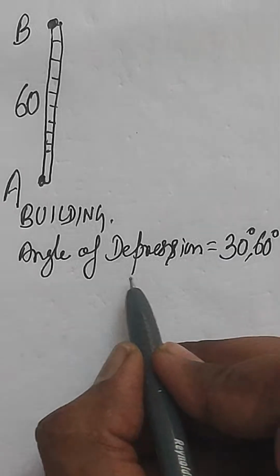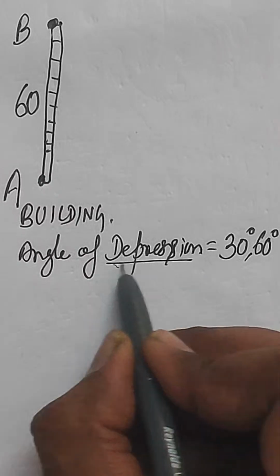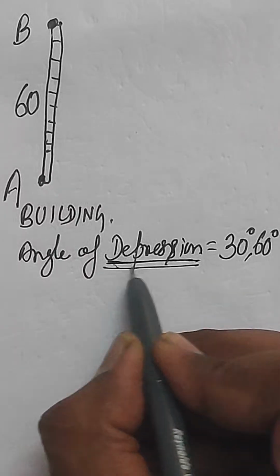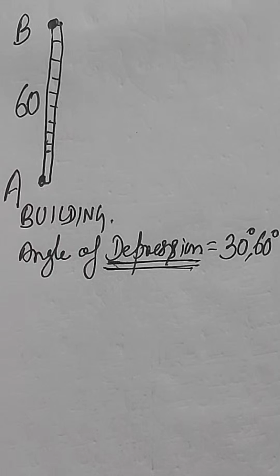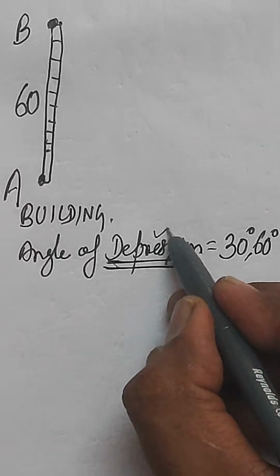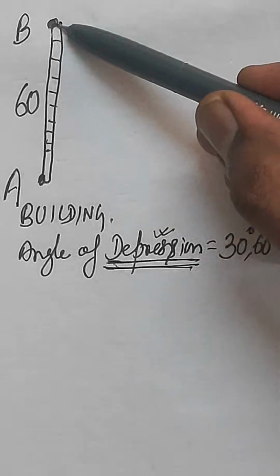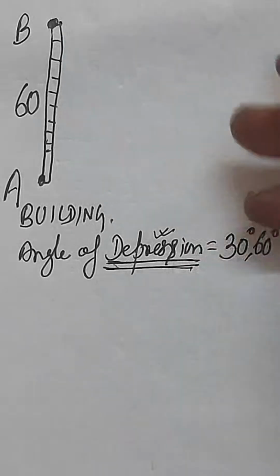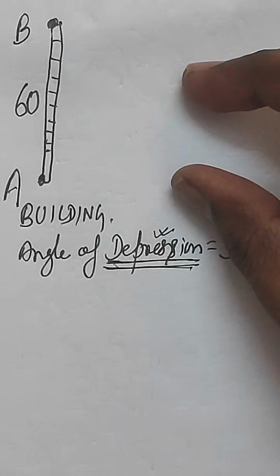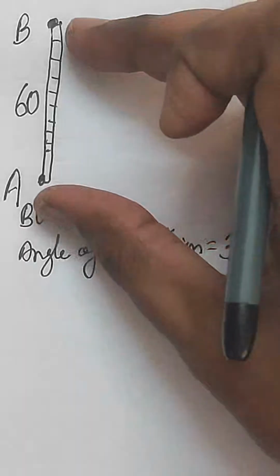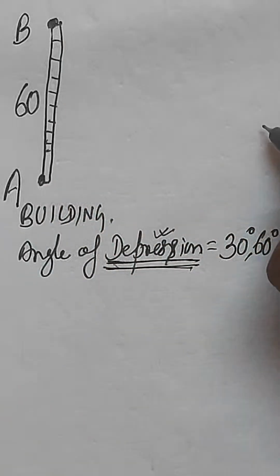So students, make a note of it that this is depression. So only the word depression is used. So if only depression is happening and it is saying that from the top of the building, that means the height of the lamp post is definitely smaller than the height of the building, right?